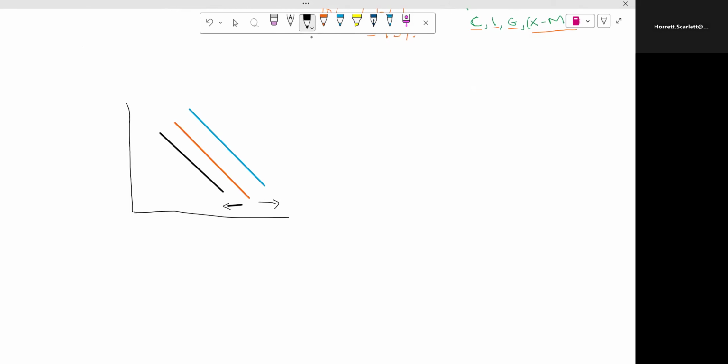Now, what is the implication of having a shift in any of these lines? Well, if we look at an arbitrary price, let's call it P1, and we draw a line going straight so that it cuts each of these lines, and then we have a look at what happens to GDP, what happens to Y in that scenario.